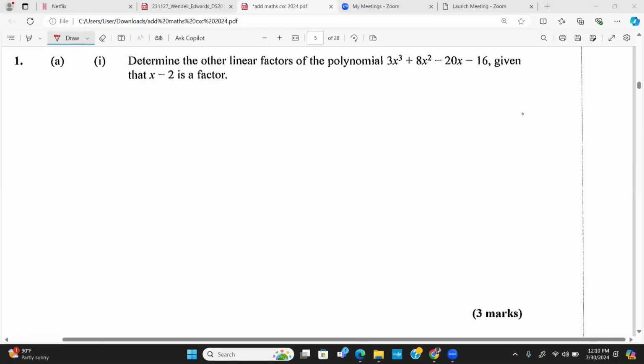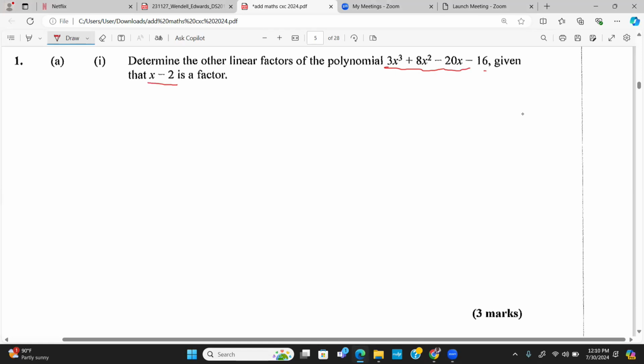What we're looking at today is a remainder theorem question, and it says, determine the other linear factors of the polynomial 3x to the third plus 8x squared minus 20x minus 16, given that x minus 2 is a factor.